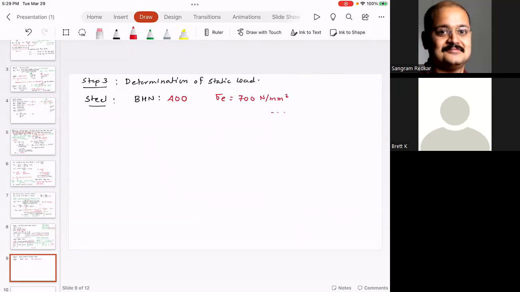And this comes from table 28.8, page 1042.